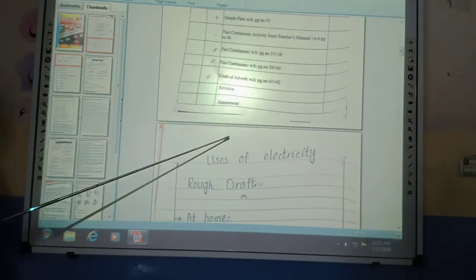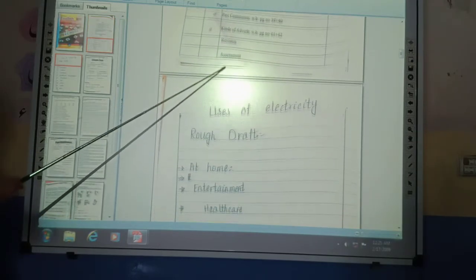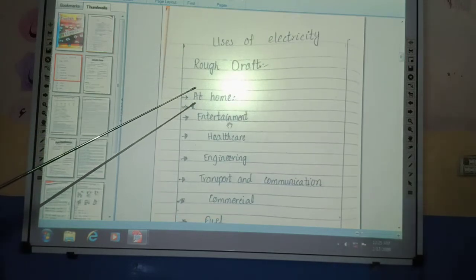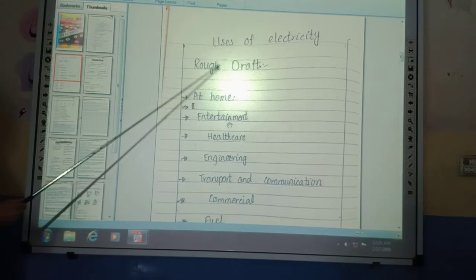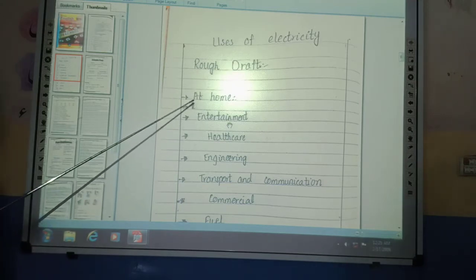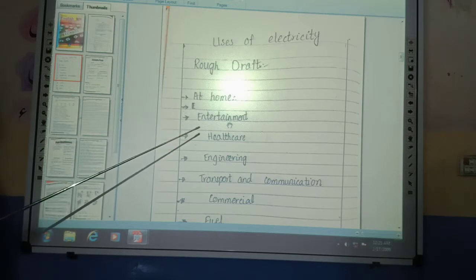Open your notebooks. Uses of electricity, rough draft. In a rough draft, ideas are jotted down.